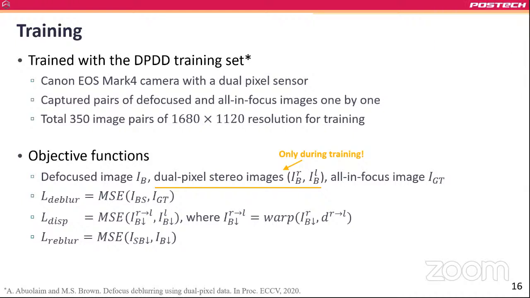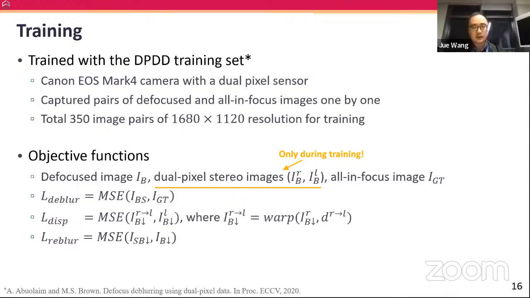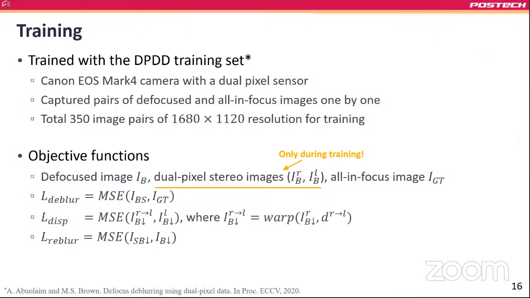Oh, okay. I think it's a very good idea actually, because when we have stereo images, we can estimate the disparity, and then we can estimate depth, and then we can estimate the size of the defocus blur. That can be a good dataset for training this kind of defocus deblurring. Yeah, I think it's possible.